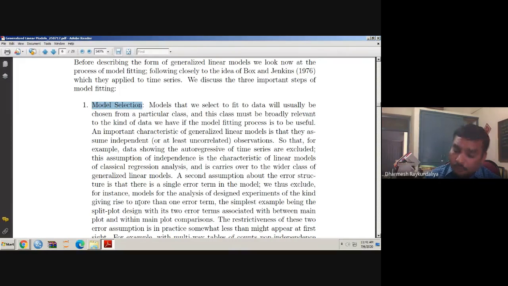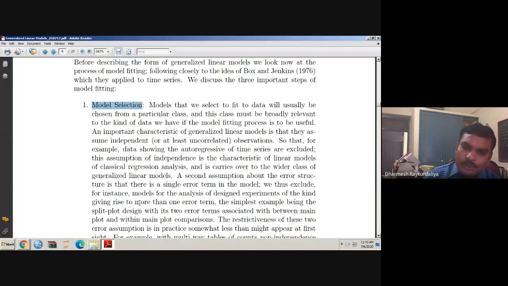So you have to understand the nature of the data. It is not like I know the generalized linear models, I know the software, let me apply. No. First, we have to see whether we are in a position to apply it. Is the generalized linear model supported by the data?